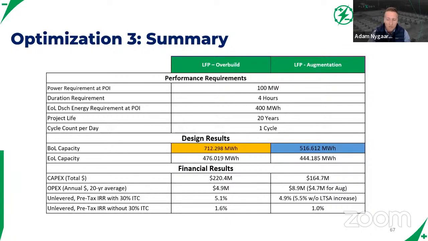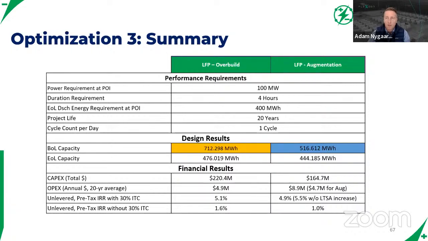The CapEx total, and this is just the initial, is 220 versus 164. The OpEx that we're showing as an annual 20-year average, which includes that augmentation, is significantly higher, not surprisingly, approximately 4.7 million in addition for that augmentation.